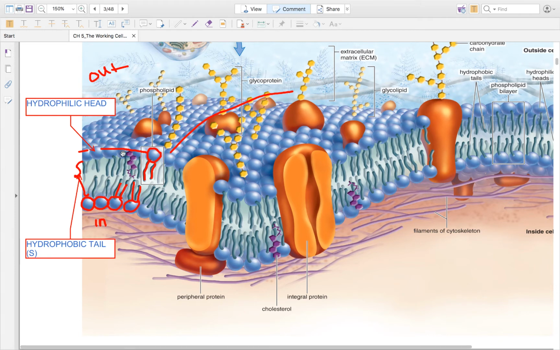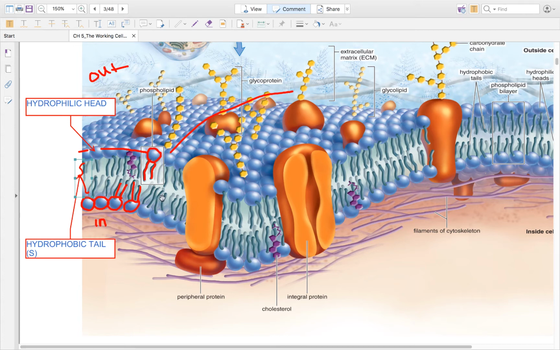Therefore we have a hydrophobic core. This whole core, the center, is hydrophobic. And the outer portion of the membrane is hydrophilic. And really it's because of the properties of the phospholipid itself.